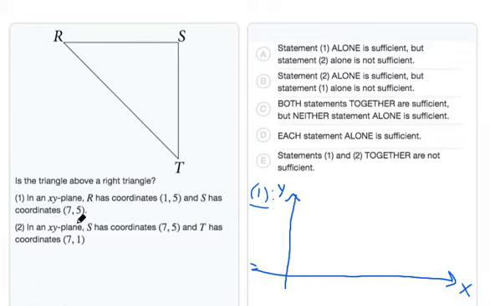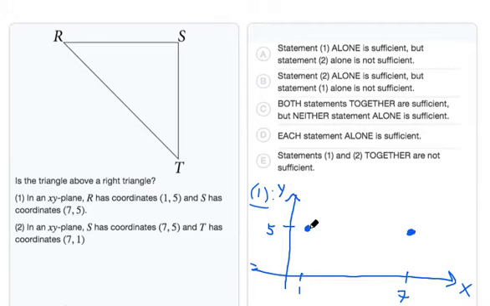R has coordinates 1, 5, so let's label this as a 1, and we're going up to 5 here. And S has coordinates 7, 5.